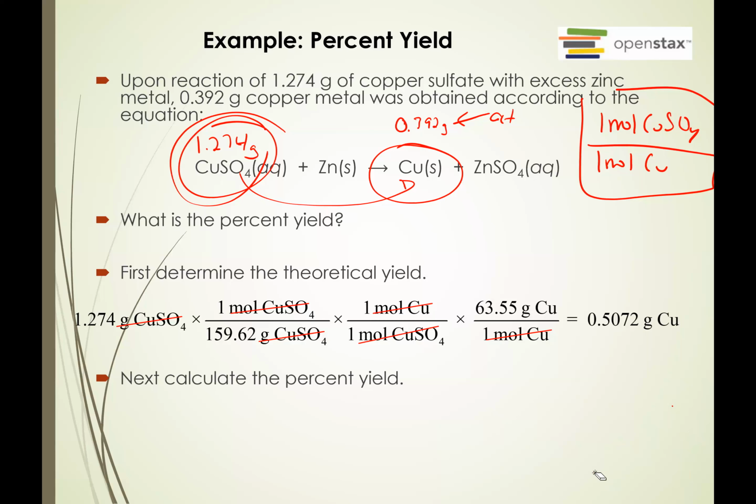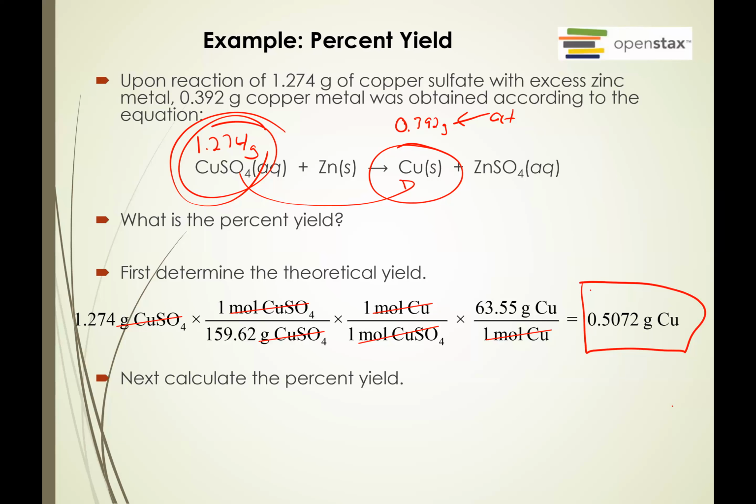So when we do this, again, our percent yield is going to be actual over theoretical. Is this 0.5072 our actual yield or our theoretical yield? It's the theoretical yield. Our actual yield was given. So actual over theoretical times 100.